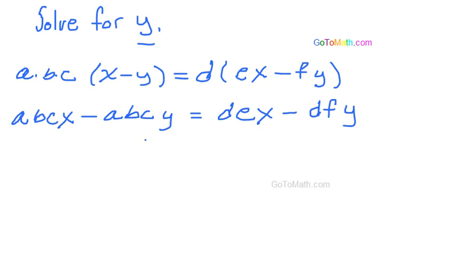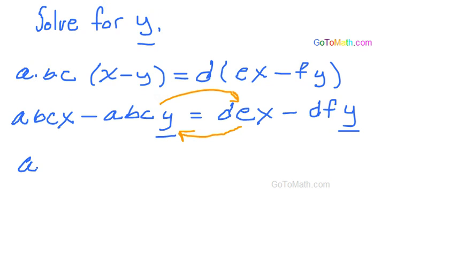Okay. Now let's collect up our like terms. We're trying to solve for y here. So we have a y in this term, y in this term, and what do you want to do? Let's just go ahead and take this to this side, and then we'll take the dex over to the left. How's that? So that's the plan.